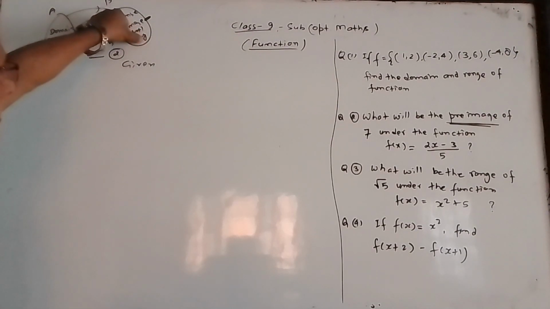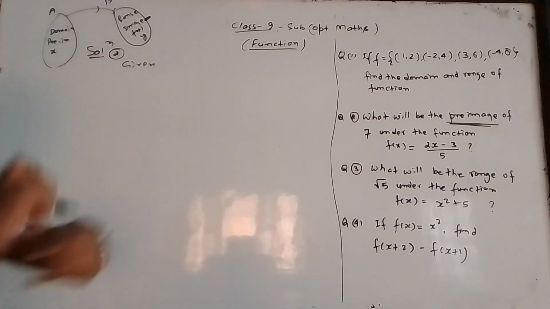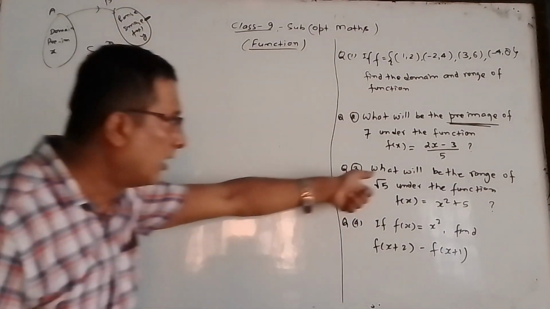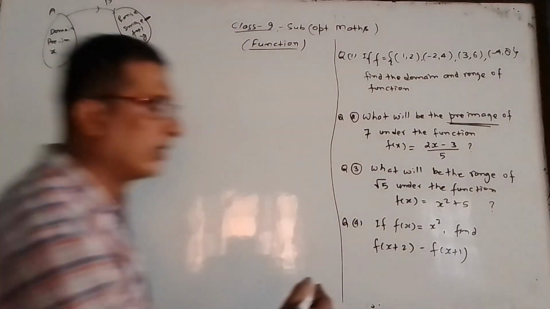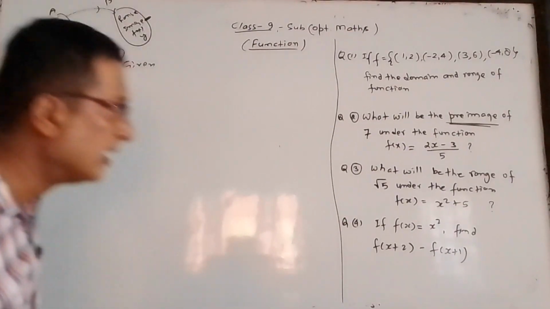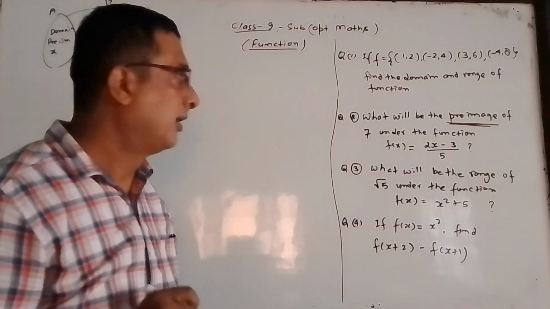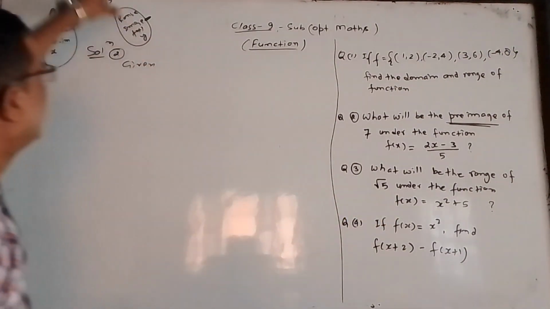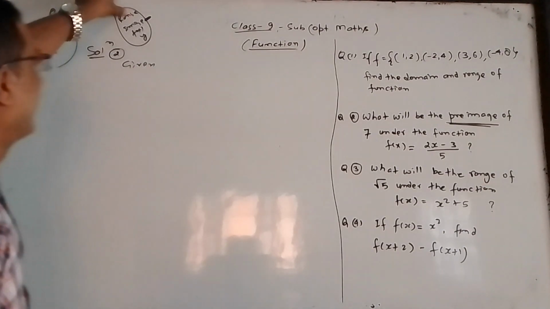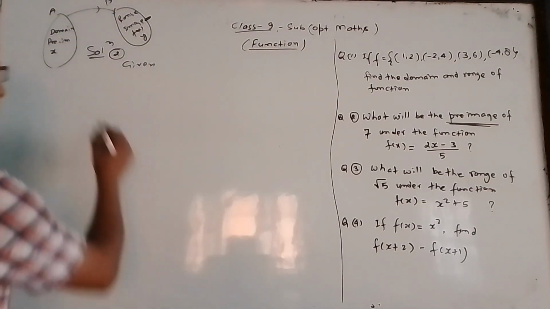Range means y. Image means y. f(x) means y. All have the same meaning. So here, what will be the range of root 5? The range is the question mark, it means the given value is the domain.